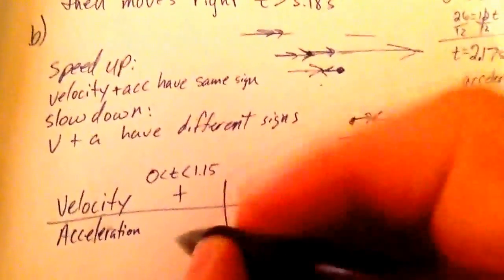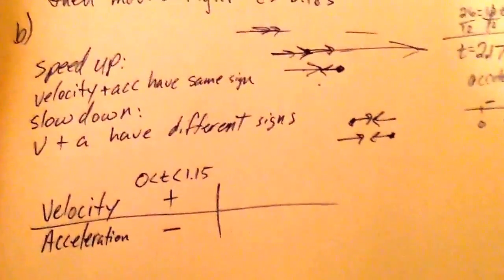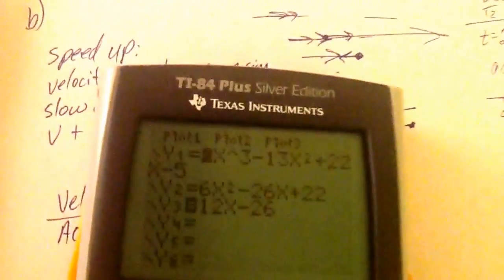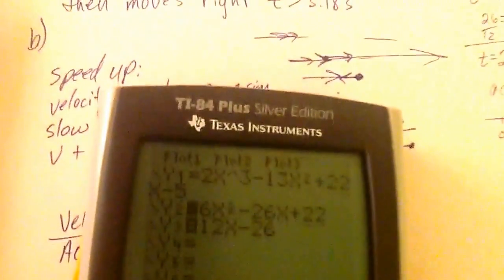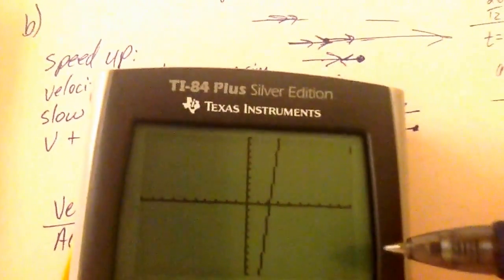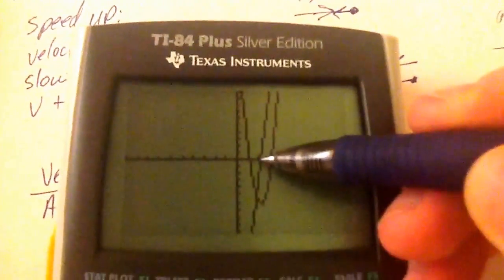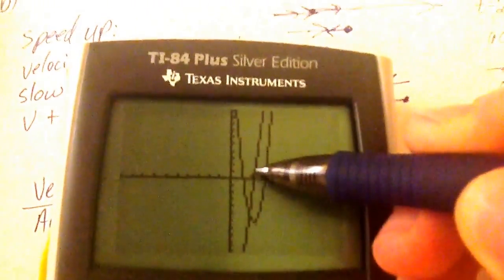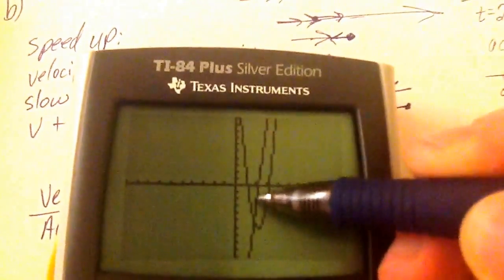So that tells me between 0 and 1.15, acceleration is negative. Now here's the thing. Let's put both of these on the same graph, velocity and acceleration. Right here, since acceleration changes sign, we have to include that as a key point.